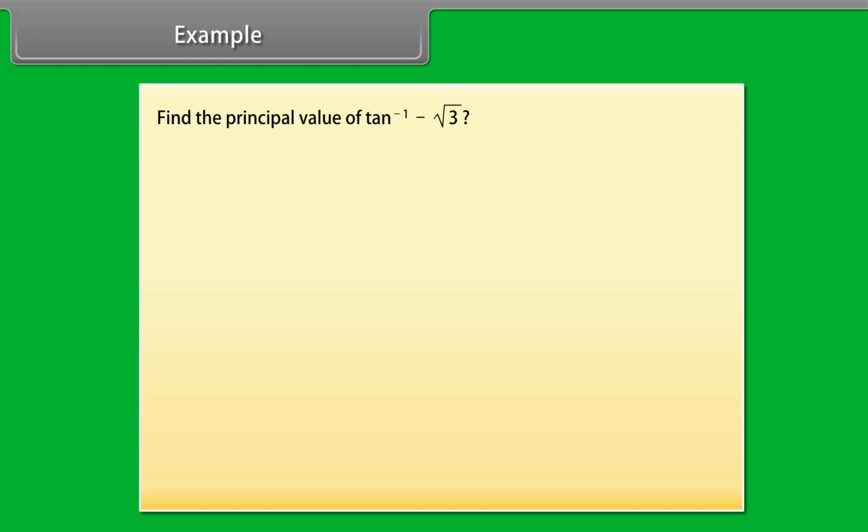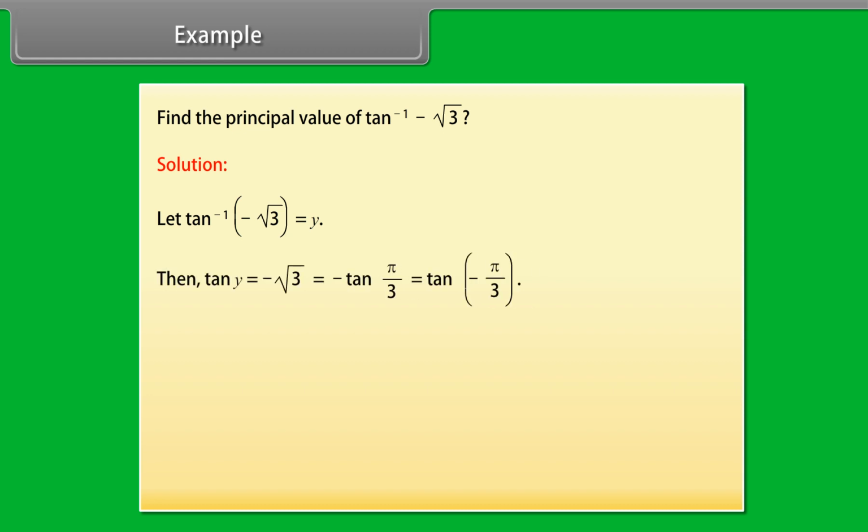Example. Find the principal value of tan inverse of -√3. Solution. Let tan inverse of -√3 be equal to y. Then tan y is equal to -√3, which is equal to minus tan π/3, which is equal to tan of minus π/3.